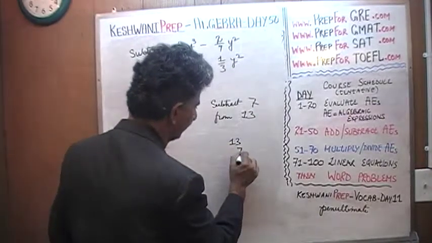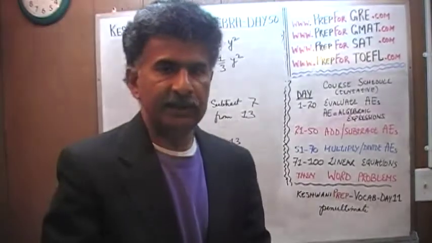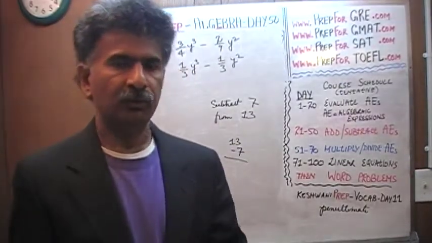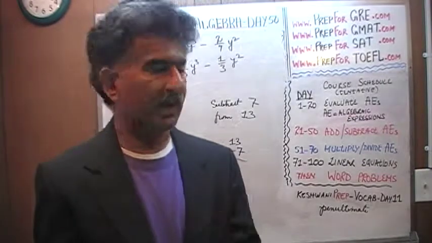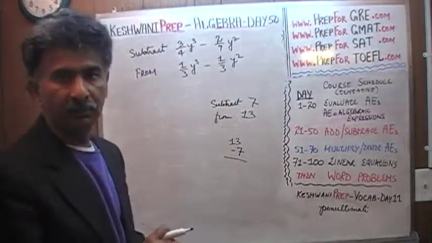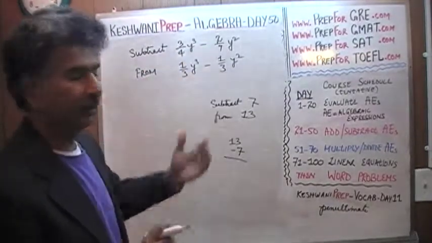We have to subtract 7 from 13. The quantity that is being subtracted from has to go on the top. The quantity that is being subtracted goes on the bottom, even though it is mentioned first.